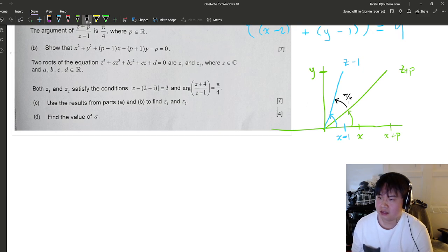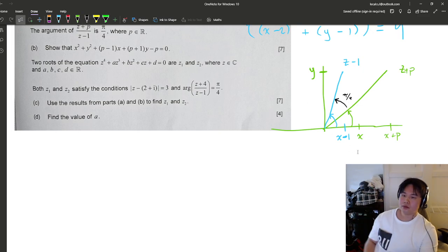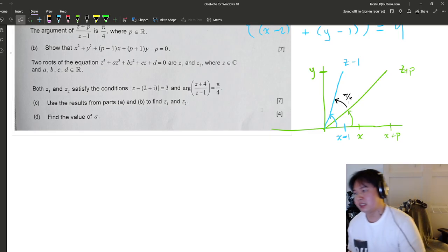Yeah, something like that. Of course, this is generalized. I know this doesn't make sense geometrically, but that's because p could be a negative number, and then that would change things.